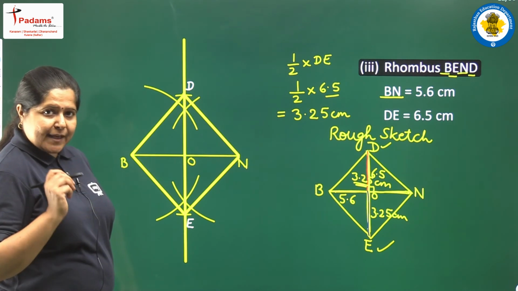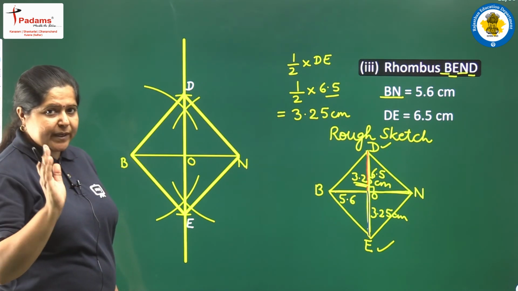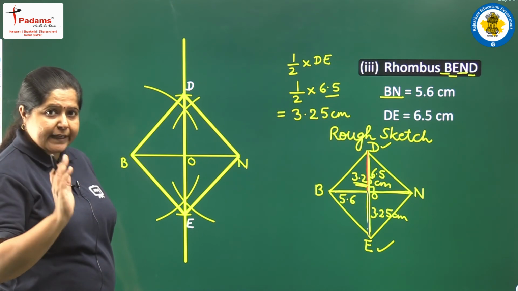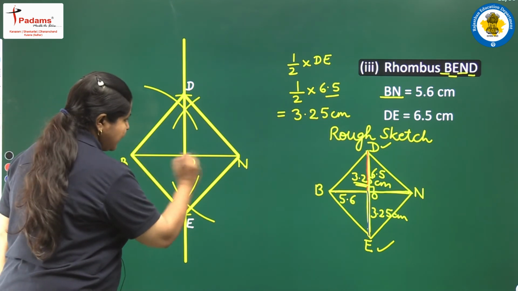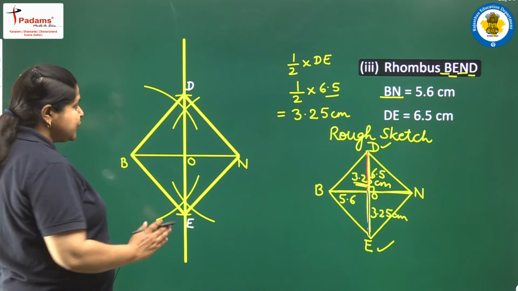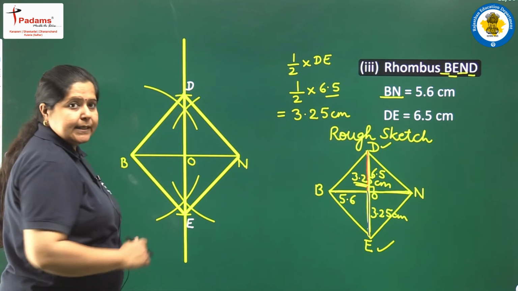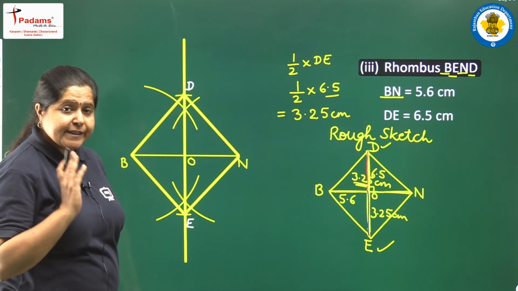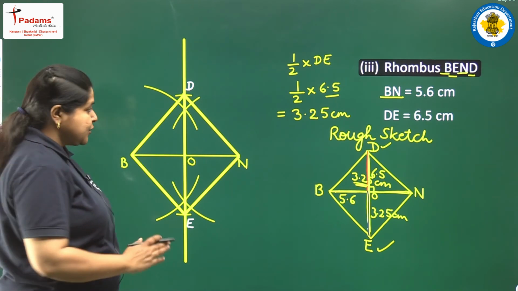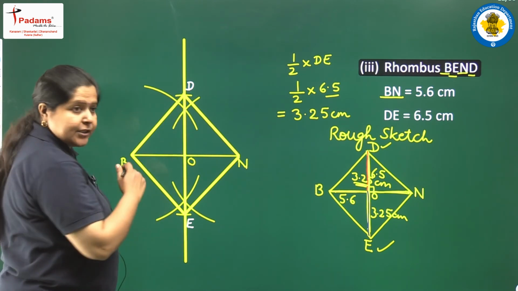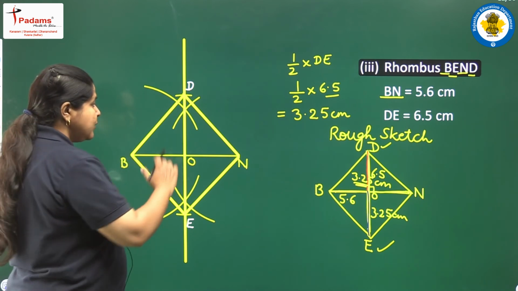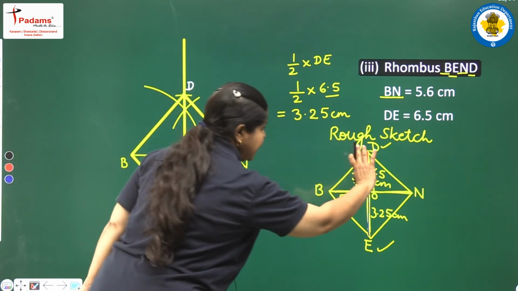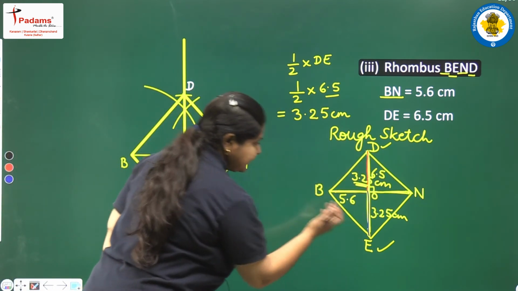Now we will write the steps of construction. Before that, just make it once more clear in your mind what we have done. We have drawn the first diagonal BN, then we drew its perpendicular bisector because the diagonals are perpendicular bisectors of each other. Then we know that the second diagonal will be equal above BN and below BN.